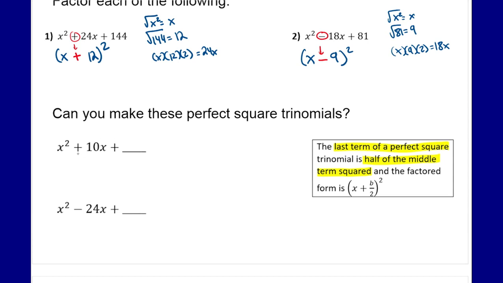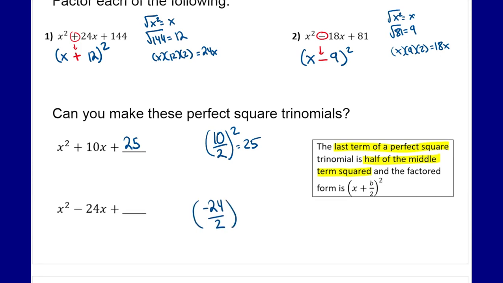So if I look at the middle term for the first one, half of the middle term, 10 divided by 2, and then squared, is 25. So if I make the last term in this trinomial 25, it now becomes a perfect square, and I could factor it as such.